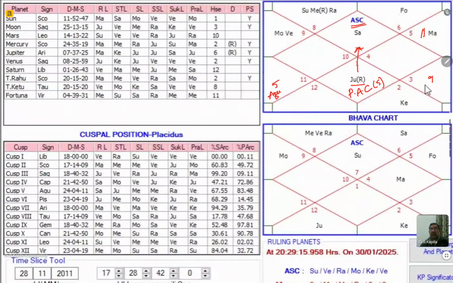Then there is a probability that the event of conceiving may happen. So this was the answer to the first query of the lady, that she has conceived, no doubts about it. Now the second question was, if she has conceived, when she is going to have the childbirth.